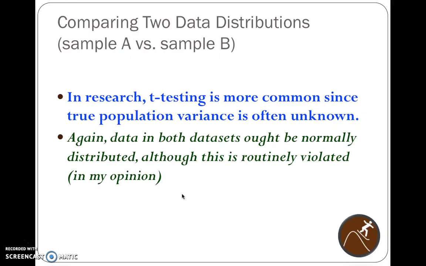All right. So in researching, my experience is that t-testing is far more common, since the true population variance of whatever the big population is often unknown. And again, when you do t-testing, it assumes a normal distribution, although I believe that that normal assumption is routinely violated.